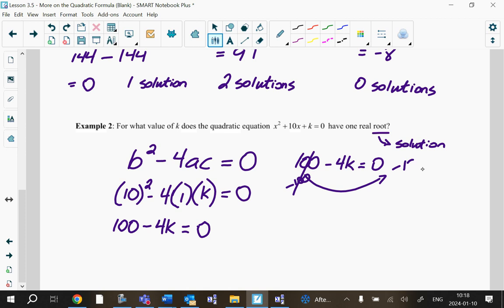And I get -4K is equal to -100. Then what? Divide by -4, divide by -4. So K is equal to +25. Okay.